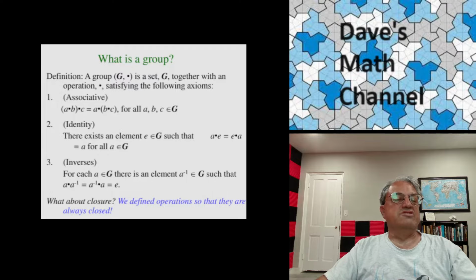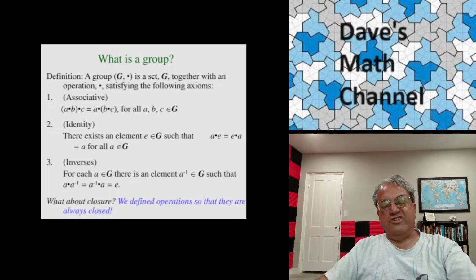I'm not going to go through this in detail. You guys can read them. And inverse. Sometimes people include closure as another group axiom, but we're assuming that goes into the definition of our binary operator dot in this case, so we don't really need that one.